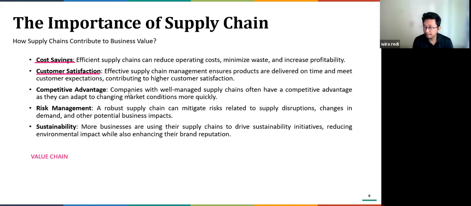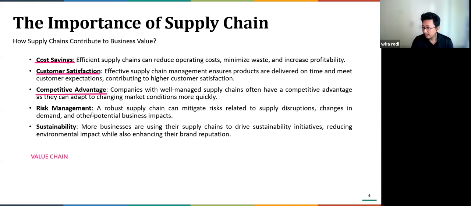So when your products are delivered at the right time, right quantity, right quality, of course, this will help you to improve your customer satisfaction. And later on, I will also show you that supply chain strategy is one of the integral frameworks that can help you to gain competitive advantage for your company.